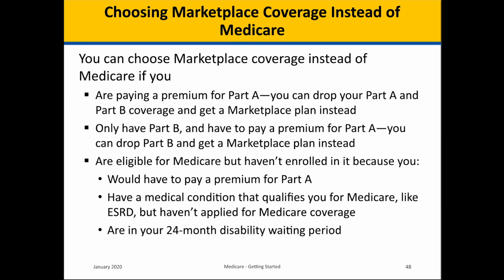If you only have Part B and have to pay a premium, you can drop Part B and get a Marketplace plan. If you're eligible for Medicare but haven't enrolled because you pay a Part A premium, you have a medical condition that qualifies you for Medicare, such as ESRD, but haven't applied, or if you're in your 24-month disability waiting period.